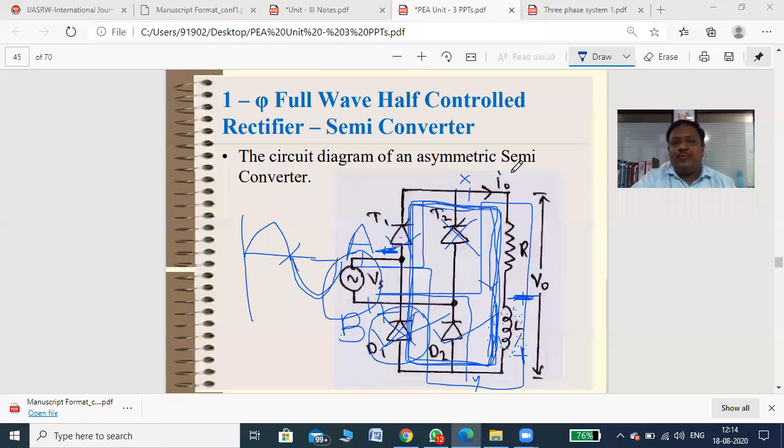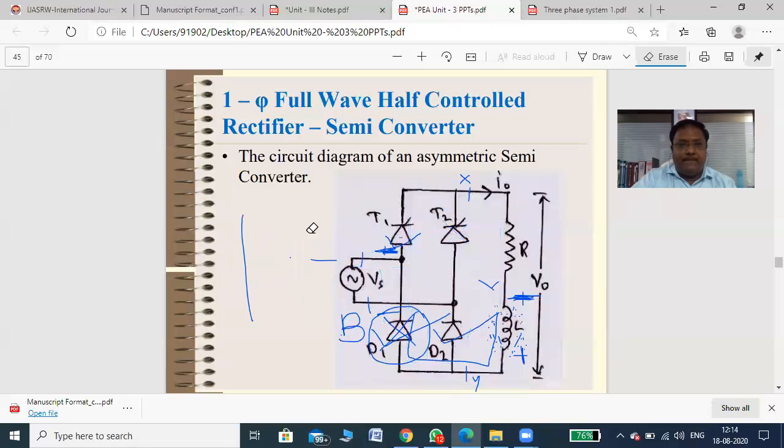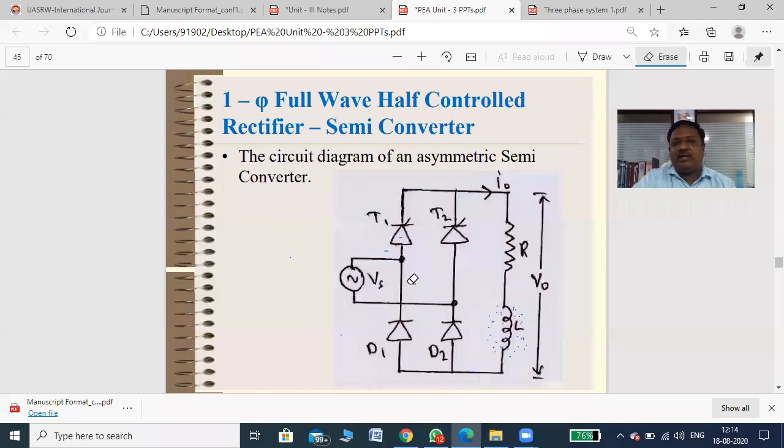Okay, so this is about the asymmetric semi-converter. In the asymmetric semi-converter, during the positive half cycle, T1 and D2 are on.